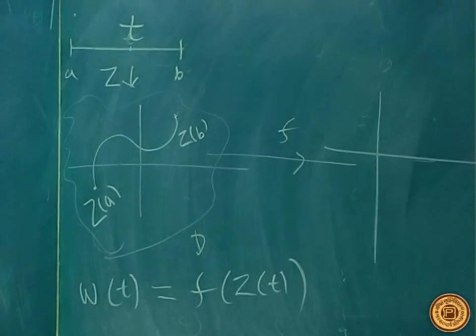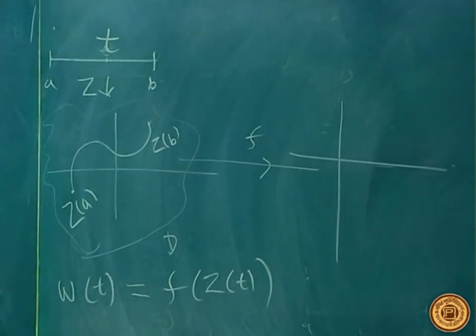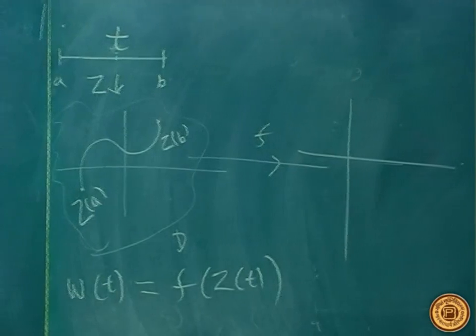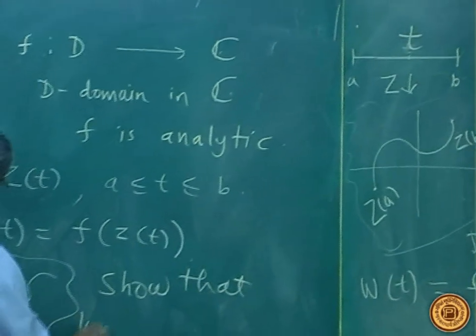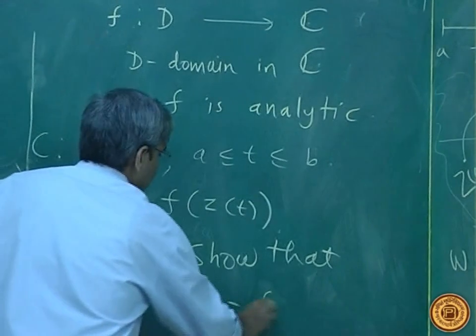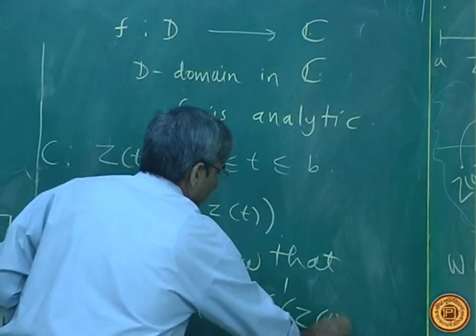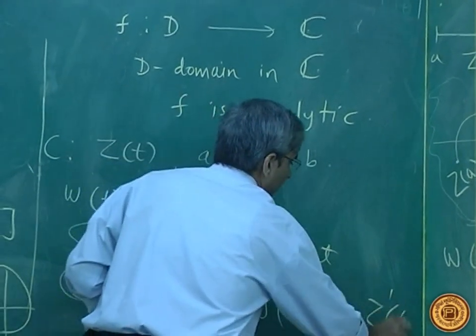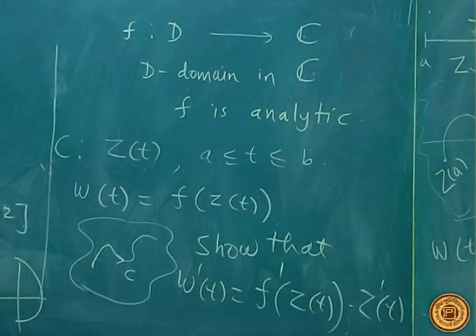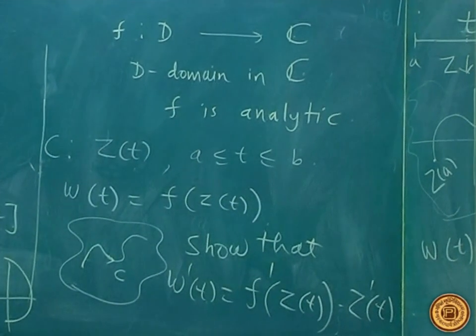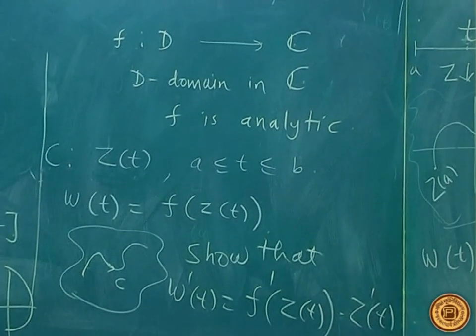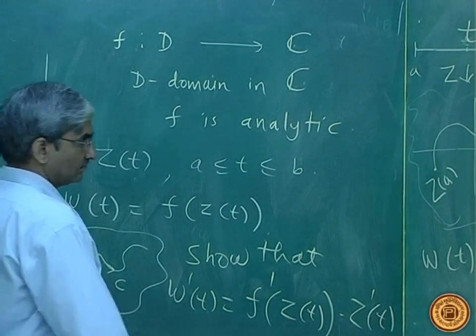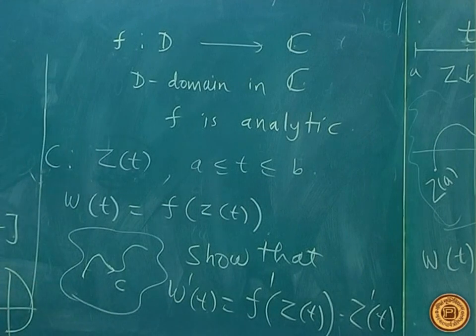Show that w dash t is f prime zt into z prime t. Try to show this.